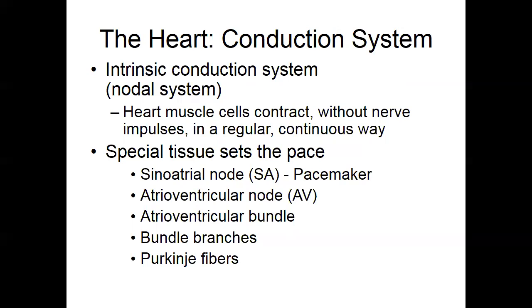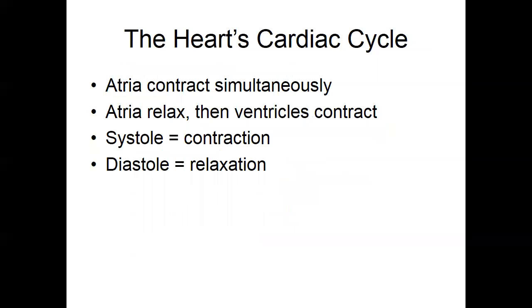So automaticity: the SA node is the primary pacemaker, the AV node is our secondary pacemaker, and then you have the AV bundles, Purkinje fibers, etc. The atria contract simultaneously, then they relax, and the ventricles contract. We all know systole is contraction, diastole is relaxation, and I mentioned it yesterday.